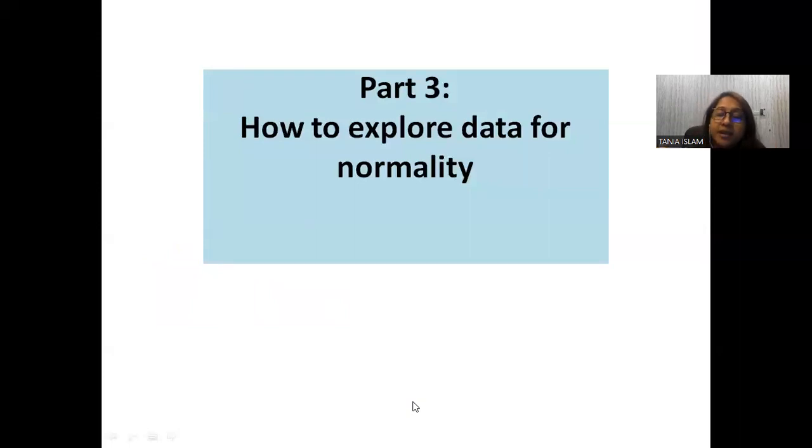Then part 3 of my talk is how to explore data for normality, because we decided we will do some analysis, but before analysis we need to explore whether our data, what we take from the population as a sample, is normally distributed or not.